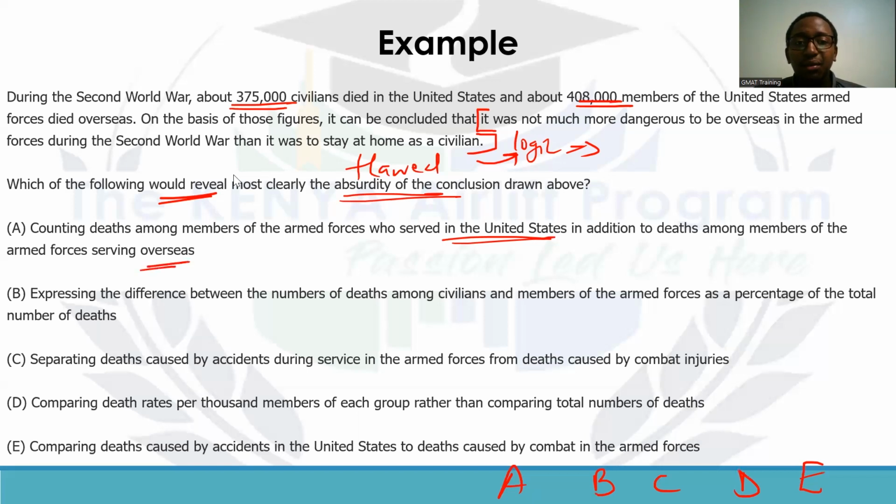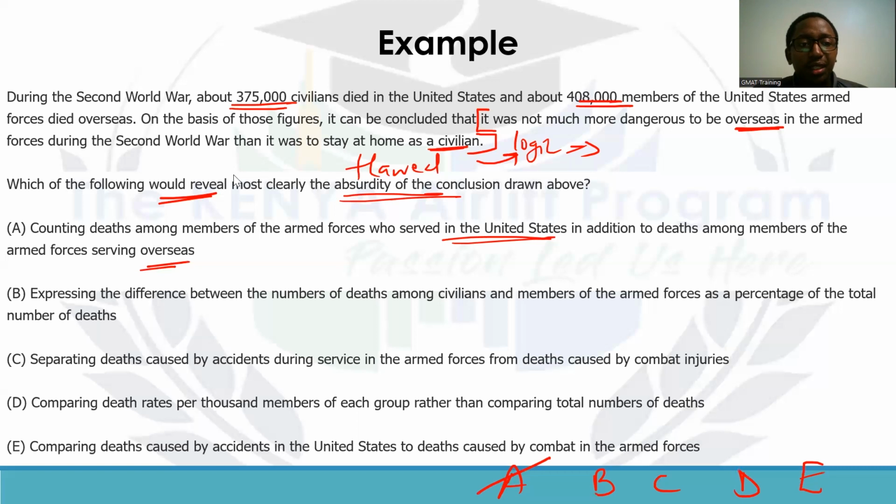But remember, this comparison is between being in the armed forces overseas versus being at home as a civilian. So of course we know that members of the armed forces who served in the United States were not civilians. So this isn't relevant to proving the flaw of that conclusion.